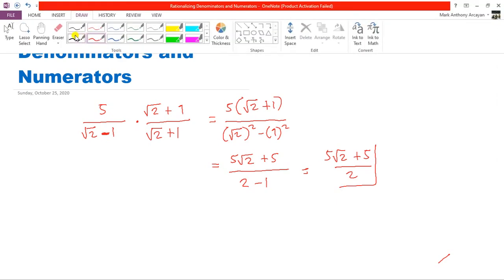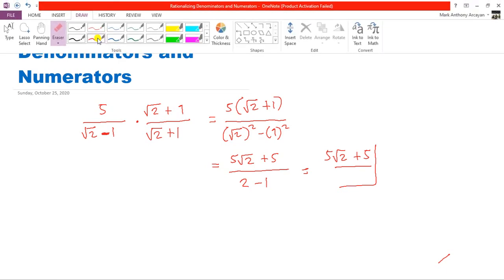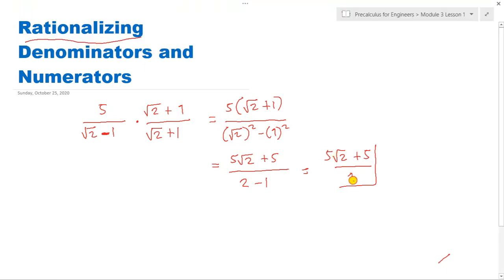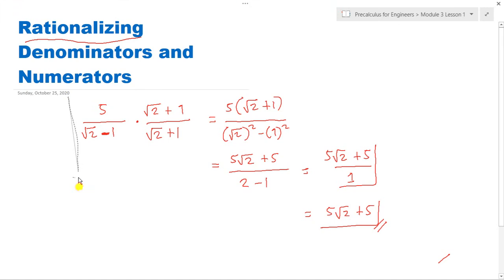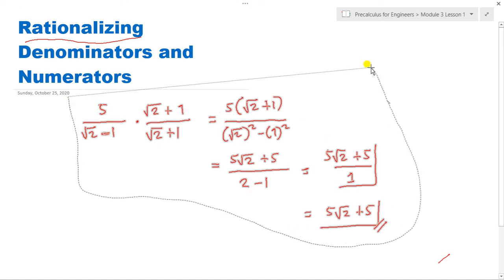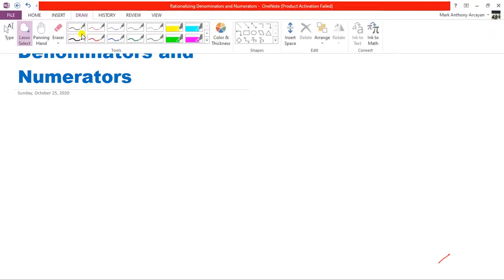This is all over 1. Or simply 5 square root of 2 plus 5. So ito lang yung simplest form niya. So ganito.